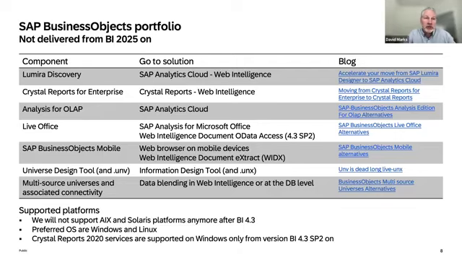There are HANA models, there are BW models, you can access SQL data. So we have connectors that would connect that way. And in SAC, we can also use DataSphere as our data modeling layer, our data fabric layer.